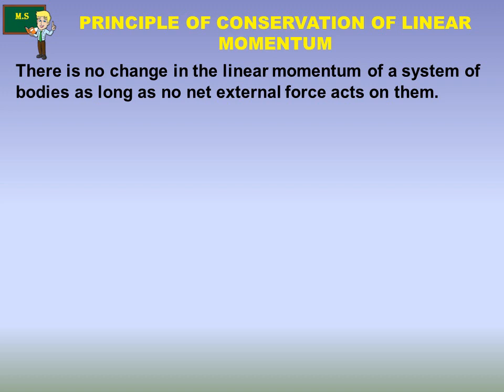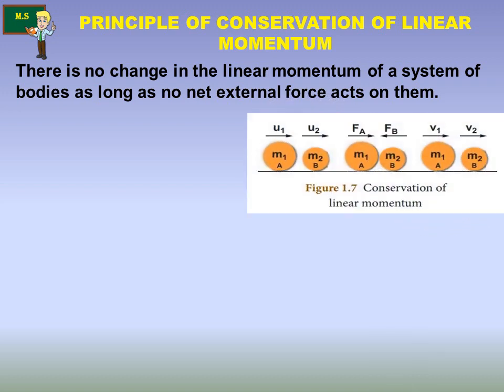Let's get into the lesson. Let's see, using the principle of conservation of momentum, we can prove this principle using this example. I think you all can see two balls. The mass of the first ball A is M1, and the mass of the second ball B is M2.